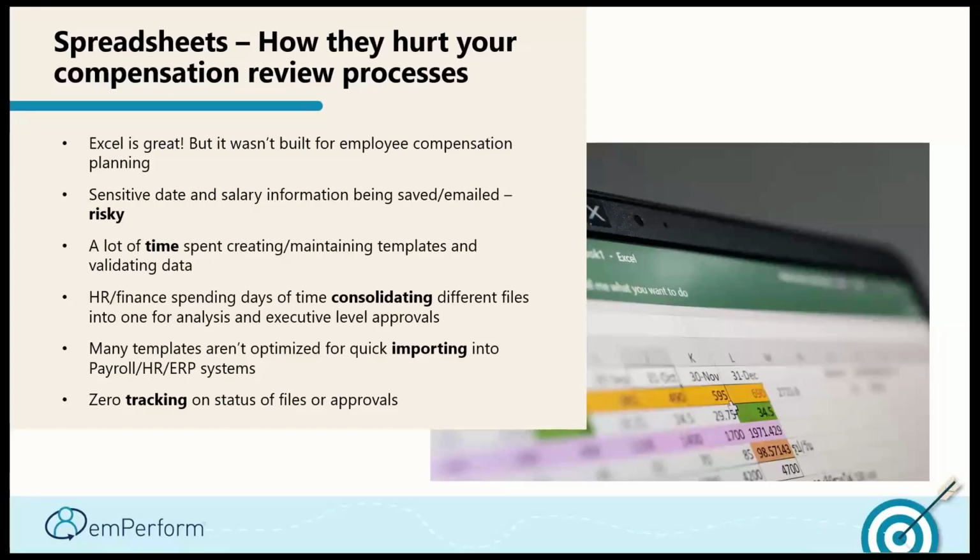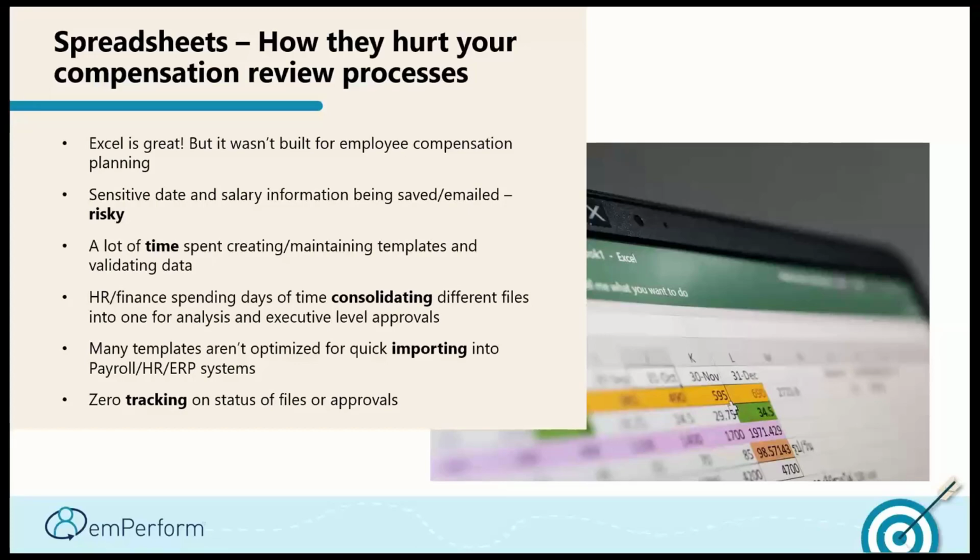What I mean by that is that when we talk about dealing with sensitive data or salary related information, a lot of the times when we're dealing with Excel, it's being passed around because we're sending different versions of Excel files to different people for them to participate in the process, which can be very risky as we know.